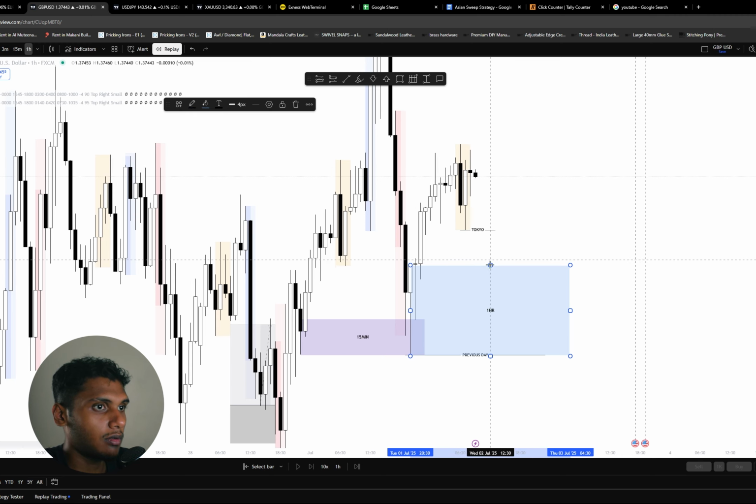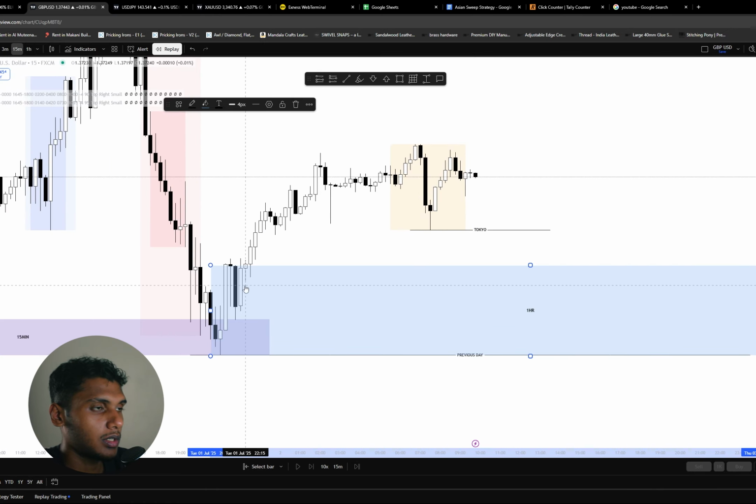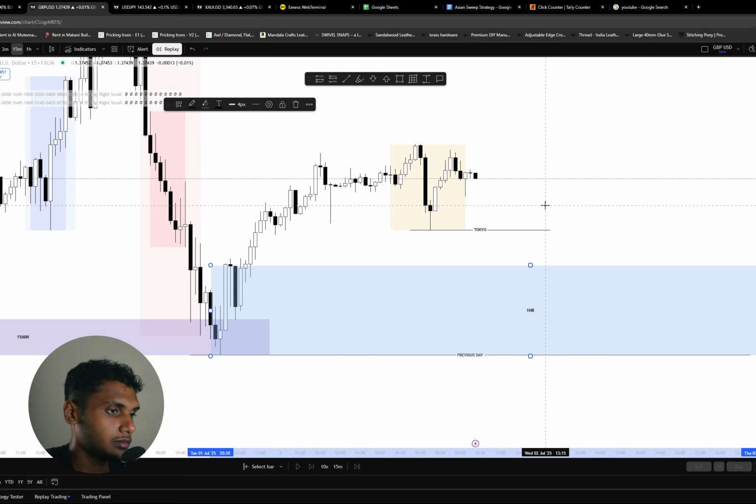There's a high chance of it going somewhere here and then going a little bit up and then going back down. And because we don't have a 15 minute order block that is small enough or precise enough to trade, we're going to be letting go of this opportunity.